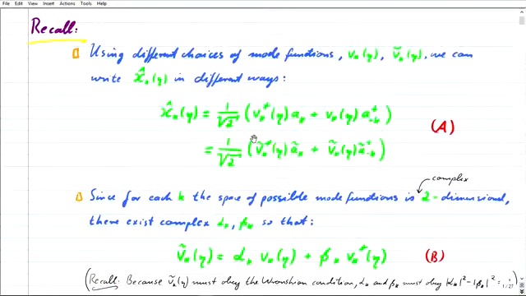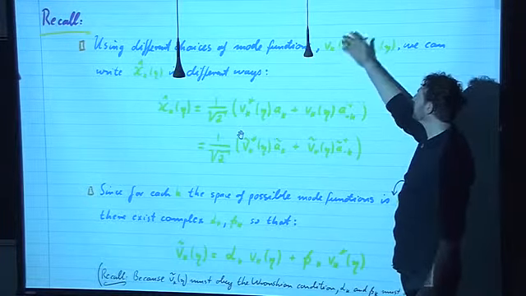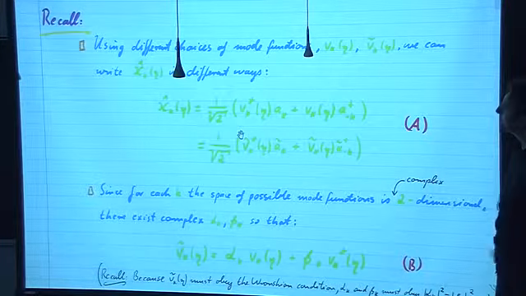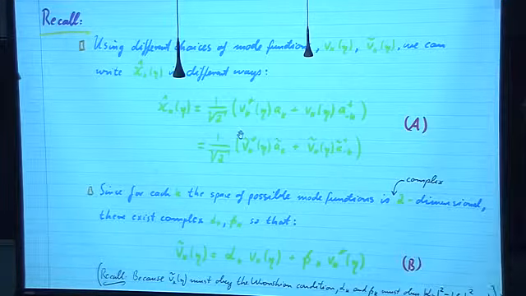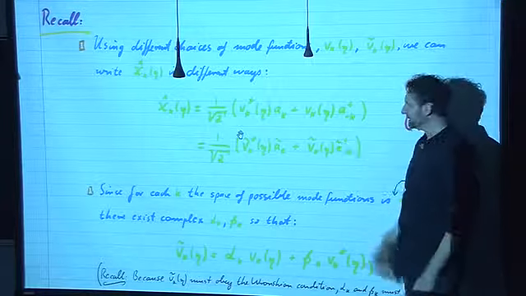So let's remember, we found that when we use different choices of mode functions, let's say mode functions v as opposed to mode functions v tilde, then these different choices of mode functions allow us to express the quantum field equivalently in different ways.